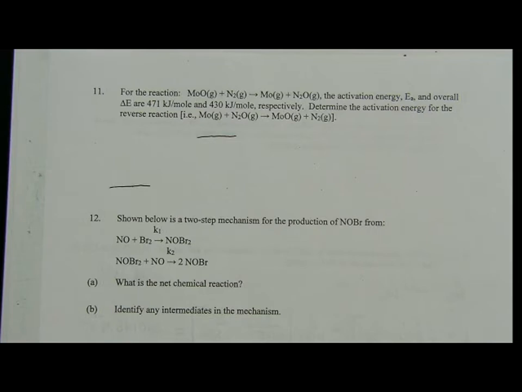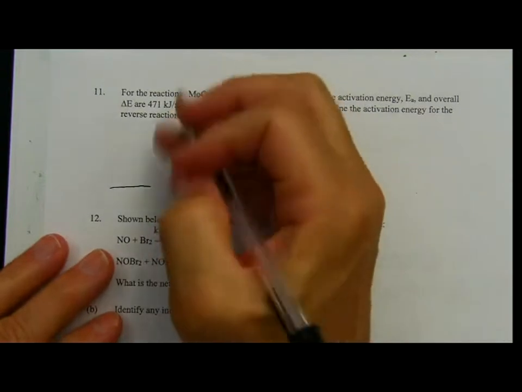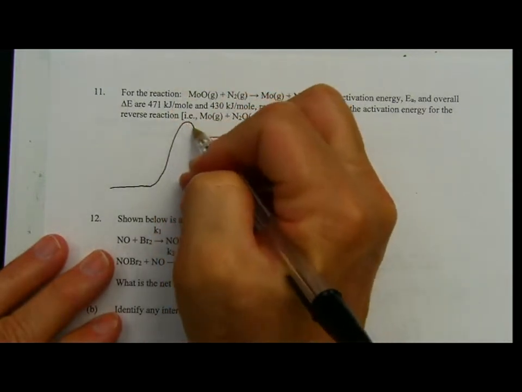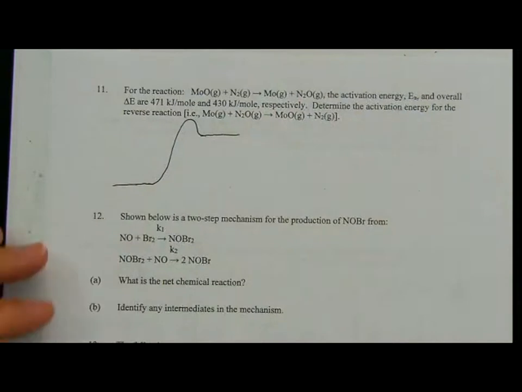We haven't talked about equilibrium yet, but there will be an activation energy associated with both a forward reaction and a reverse reaction. So we have this kind of diagram. When you see a problem like this, I would recommend you draw the diagram. In my opinion, it makes it much simpler.